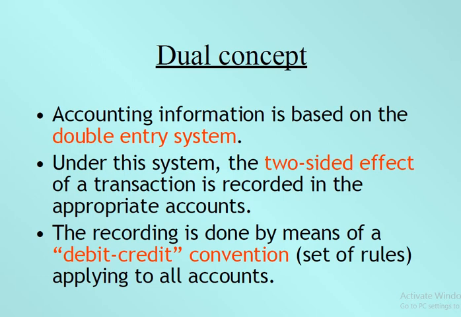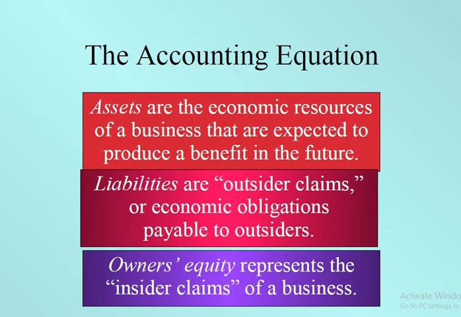Look at how these rules will be applied. In the accounting equation, assets are the economic resources of a business that are expected to produce a benefit in future, while liabilities are the outsider claims or the economic obligations payable to outsiders. And in simple terms, owner's equity represents the insider claims of the business.